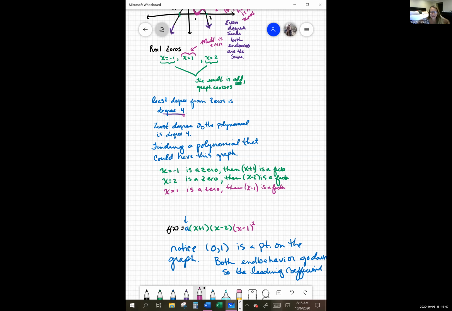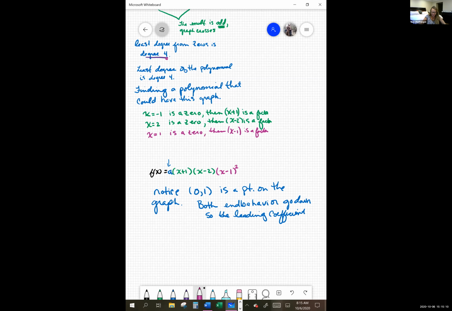Okay. So both end behaviors go down, so the leading coefficient has to be negative. But I think we'll see that we'll get a negative number when we go back in and use this point here.